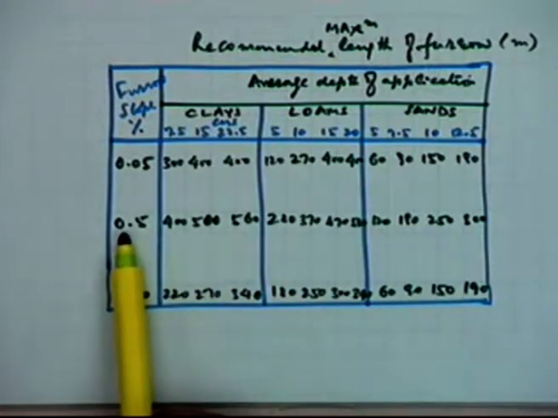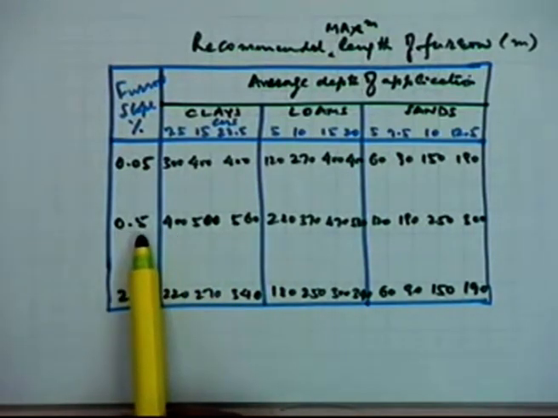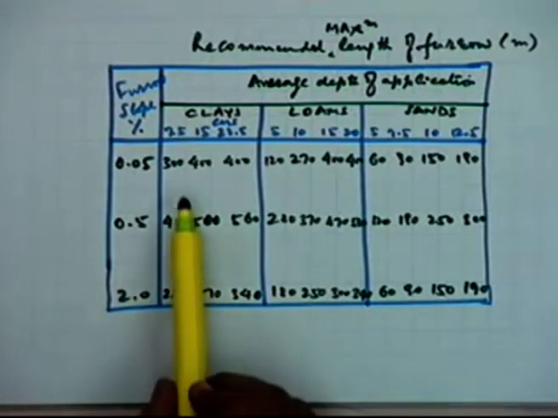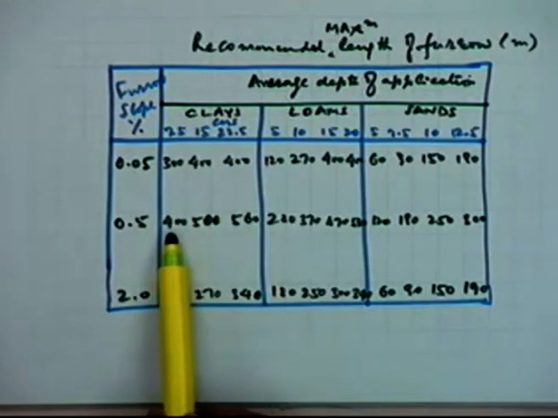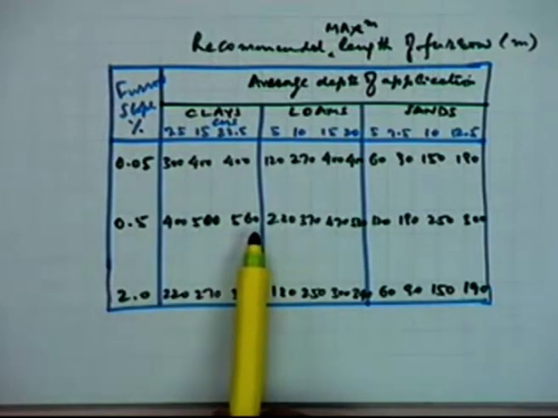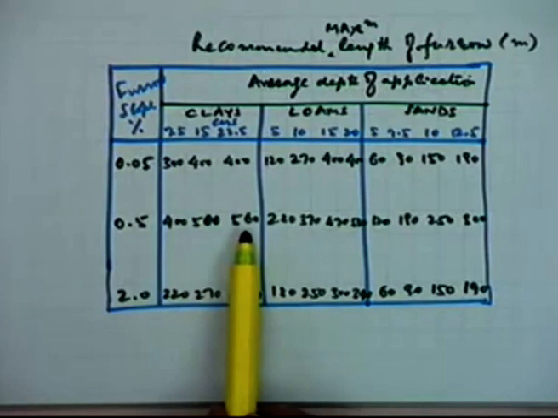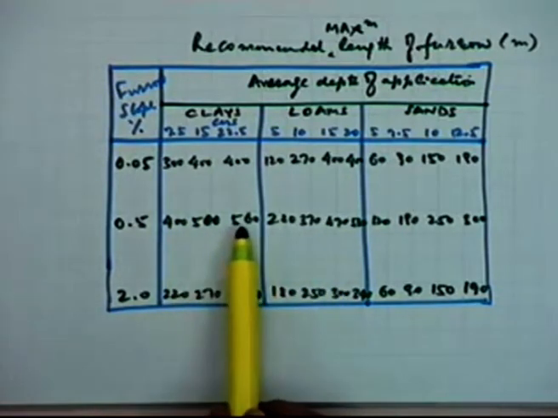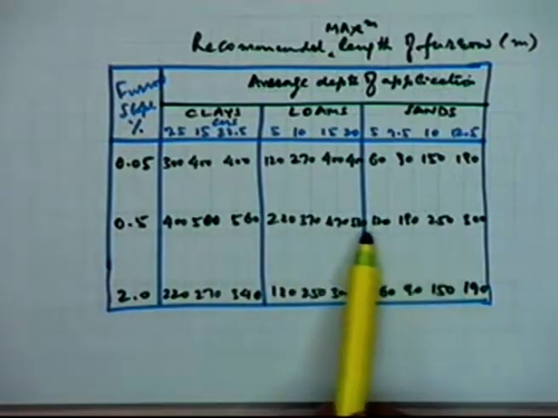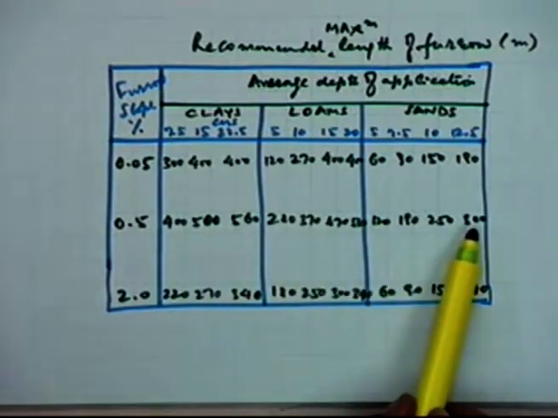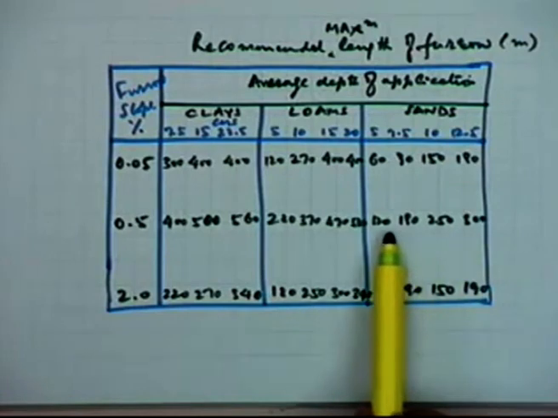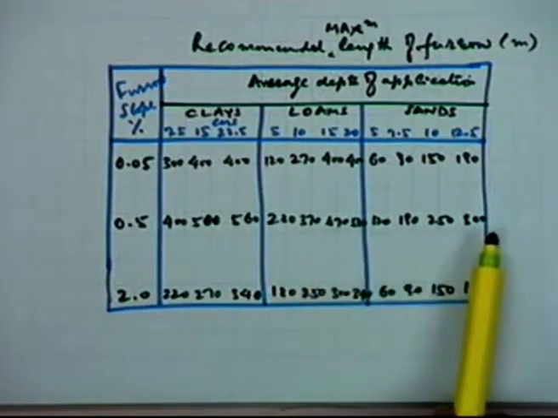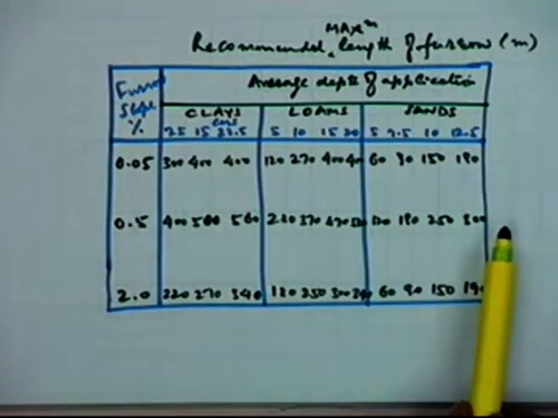But when the slope increased to 0.5%, for the same soils, the possible lengths which you can adopt are much higher. But the trend is the same. When you go from clay to loam to sand, the lengths are reducing in order of magnitude.